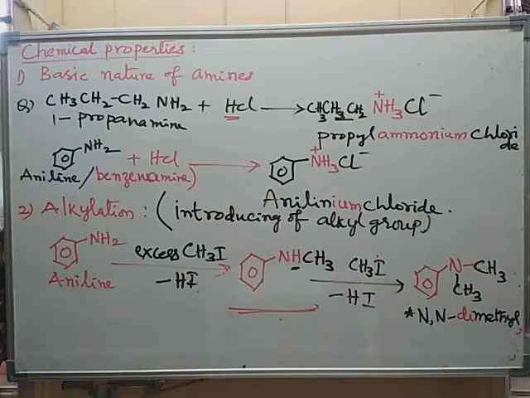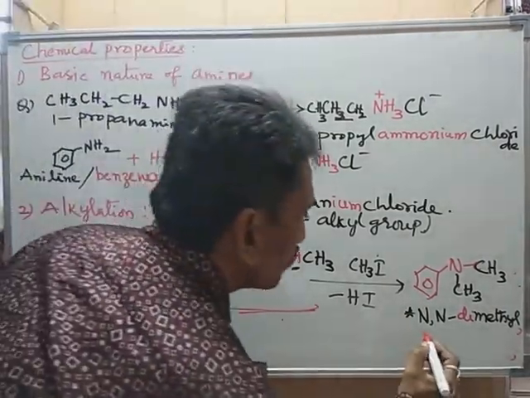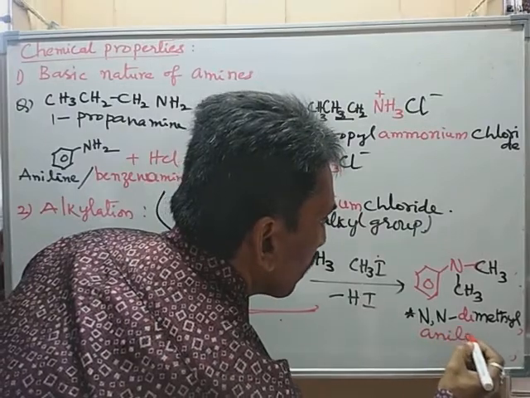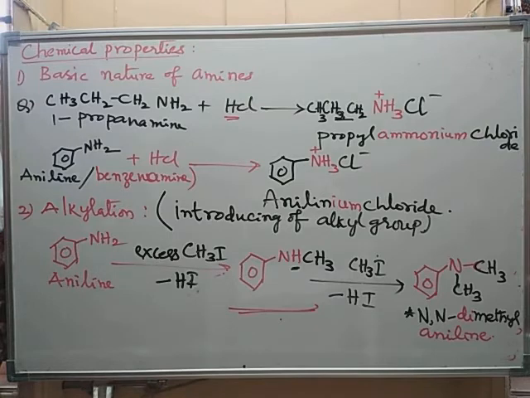Is it clear? Then the remaining part is aniline. If you take 1 more mole, a quaternary ammonium salt is formed. It is better to stop at this stage, no problem at all.